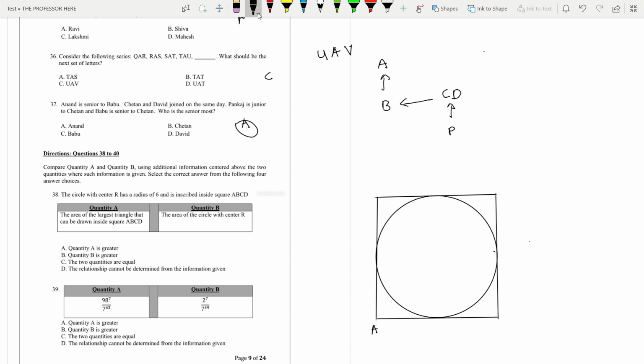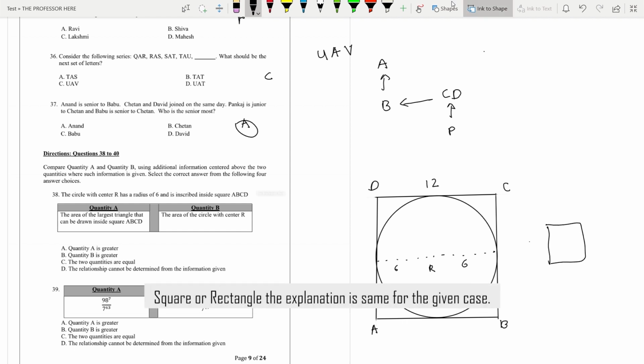The circle is centered here, which is named R and has a radius of 6. So the diameter is 12 meters. 6 plus 6, which means CD has a length of 12 centimeters. Likewise for AB and BC, since it's a square.